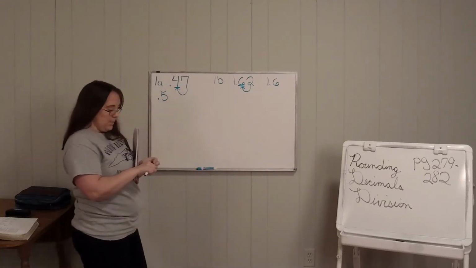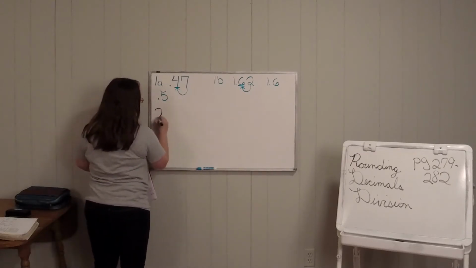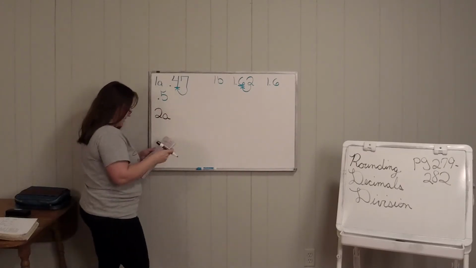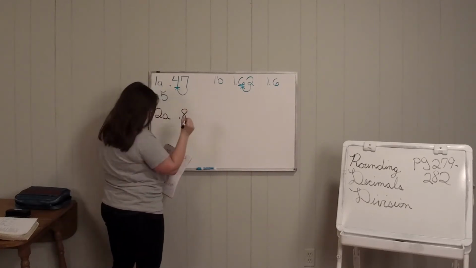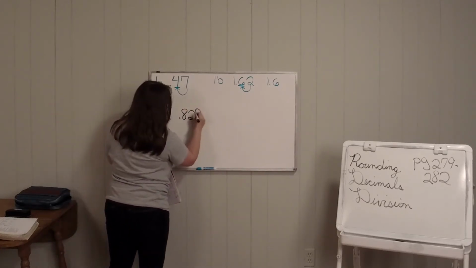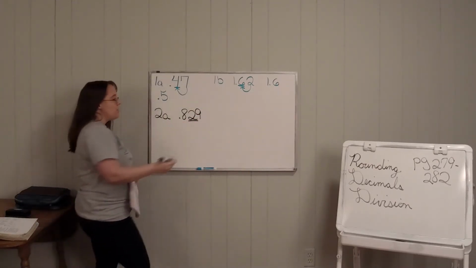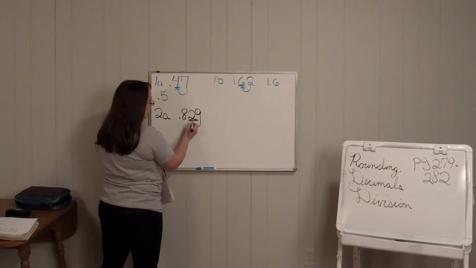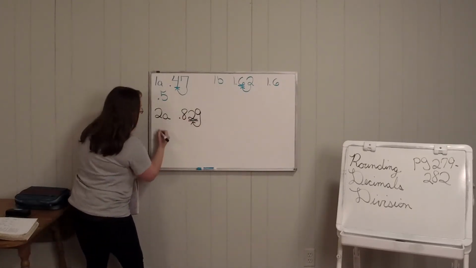So if you look at number 2, let's look at 2A, and it says 0.5829. This is the number we're rounding. The 9 is going to tell us if we're going to stop and stay the same or go up. So we're going to keep our 8.